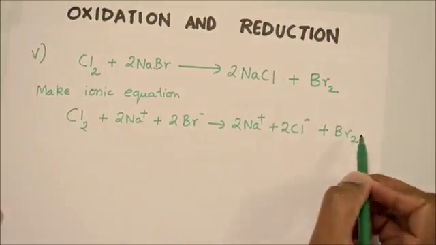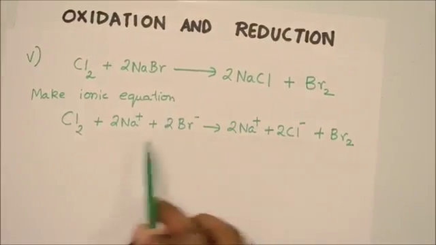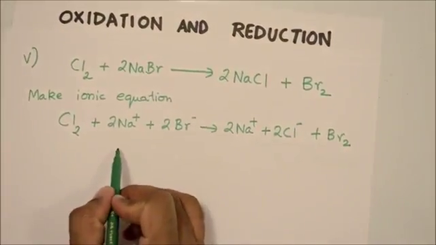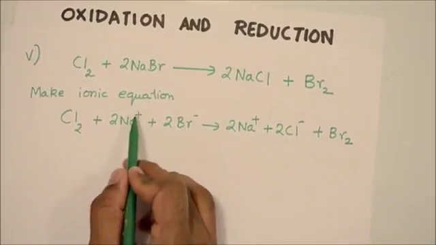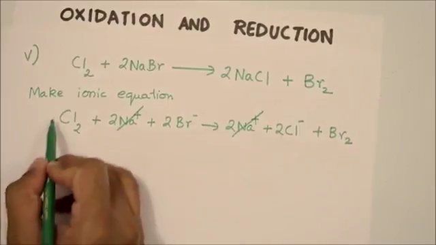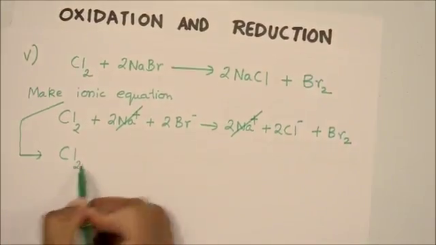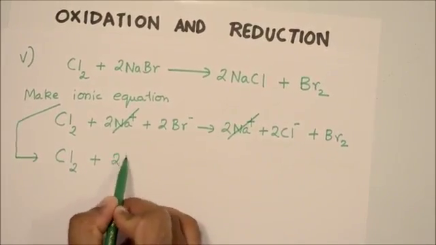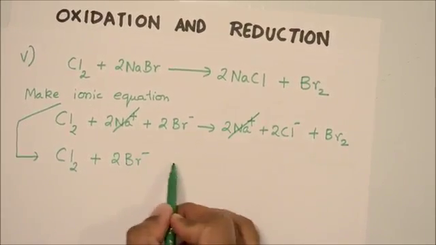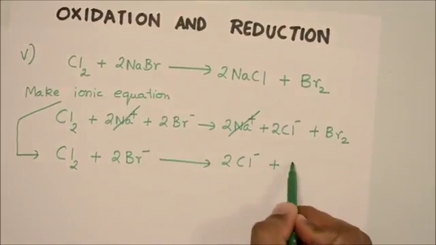We are leaving Br2 as well as the chlorine as it is. If you observe in this reaction, we have Na+ on both sides. So we can cancel out Na+, leaving behind the ionic equation: Cl2 plus 2Br- giving 2Cl- plus Br2.